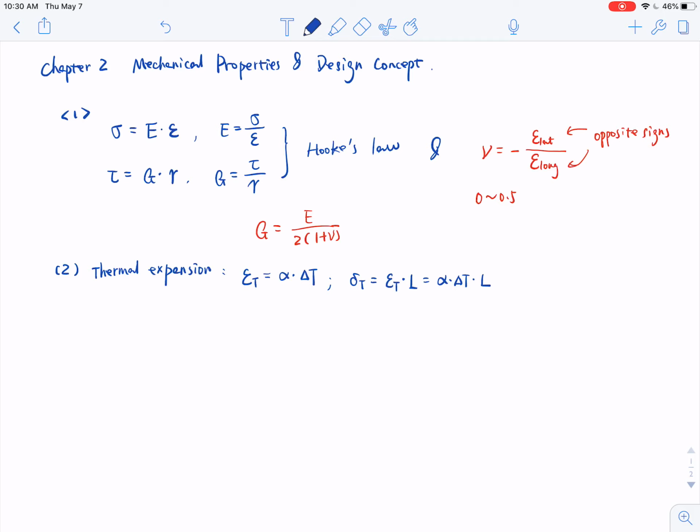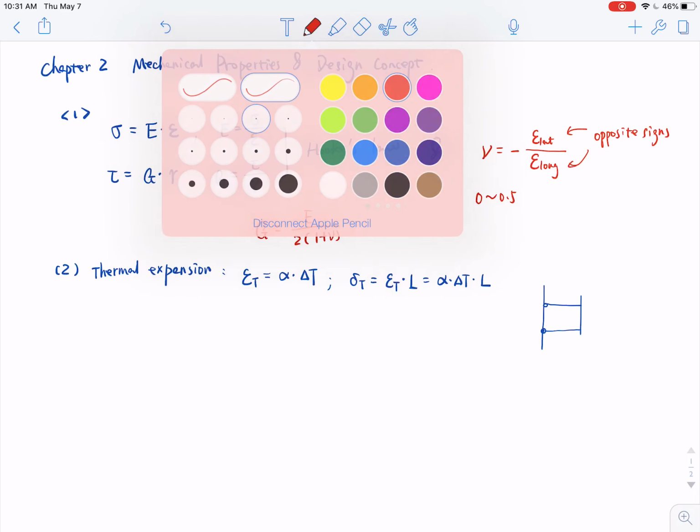We used this concept to design fancy thermometers. We had a couple of examples of different types of fancy thermometers. The basic one is that you have a wall and a mirror, and you connect your mirror to the wall using two bars with different alpha, different coefficients of thermal expansion.